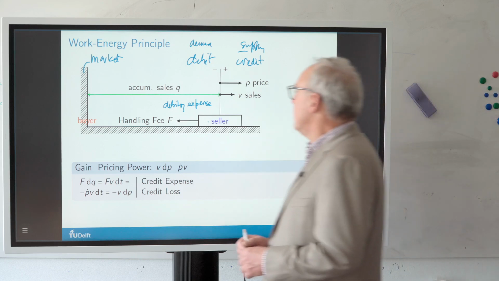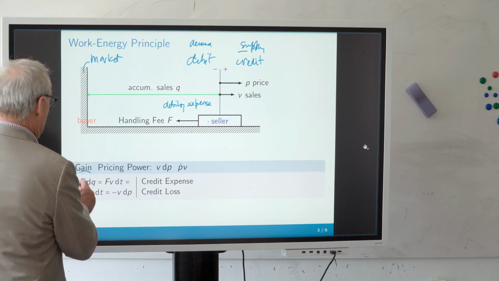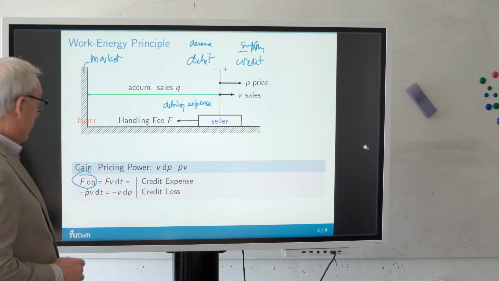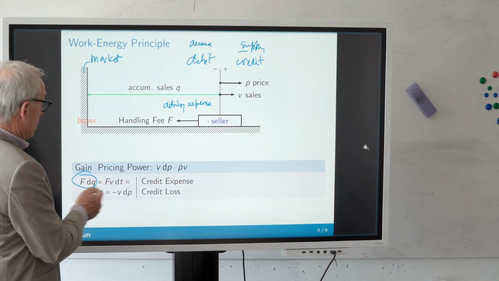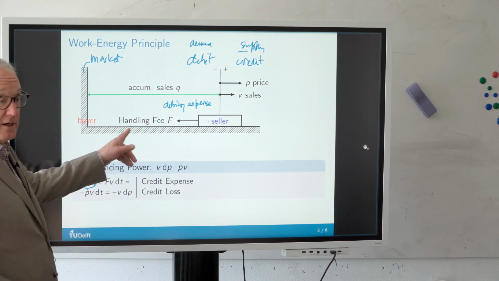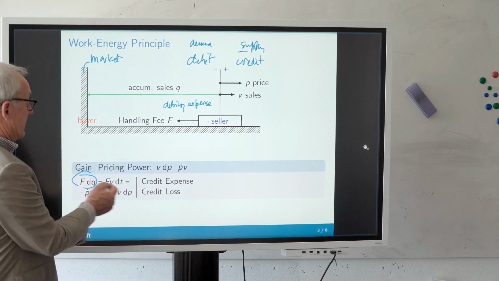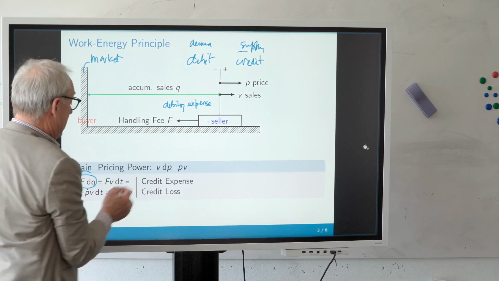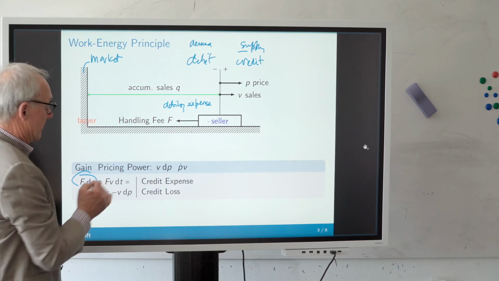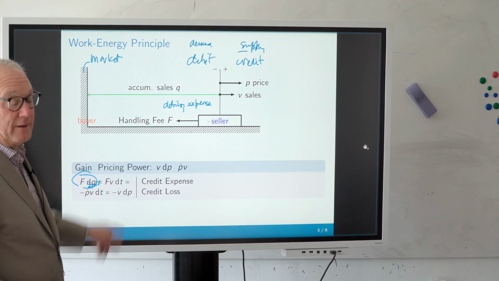So if you work through that, then suppose I now calculate what the amount of realized work is, all right? So I can easily say that the work that this handling fee handler does, that's FdQ. Since I have the velocity available here, I'm just going to take this derivative. So I'm going to divide this by dt and multiply by dt, all right? So I'll get that here's the power times dt.